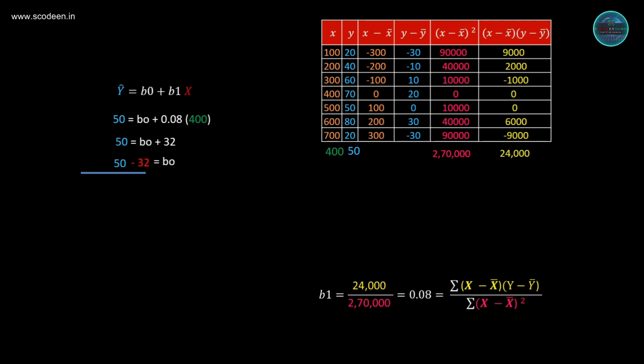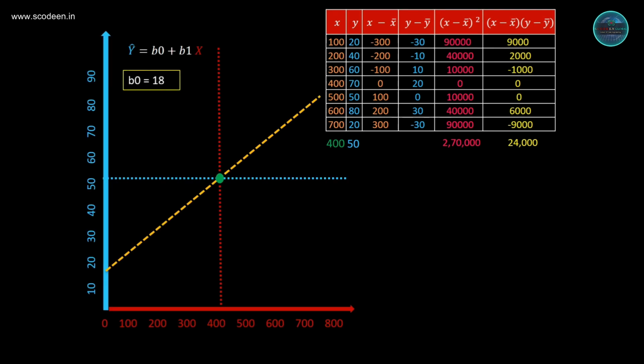The value of v0 will be 18. So now v0, the intercept point of the regression line, stands at the point of 18. Here is the location. The most important point is identifying v0, the intercept point.